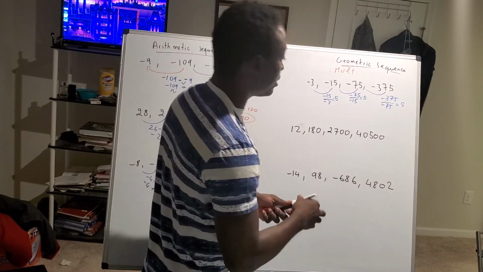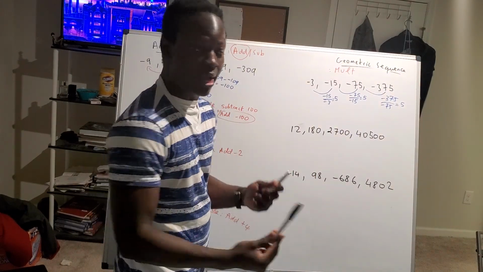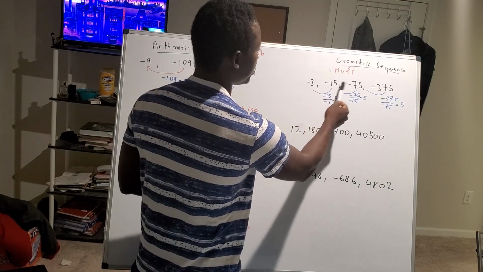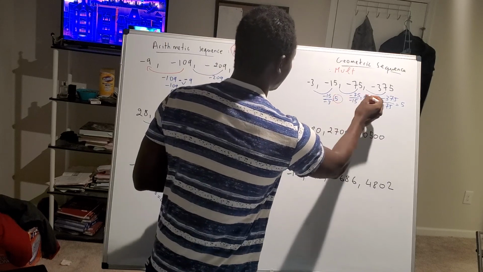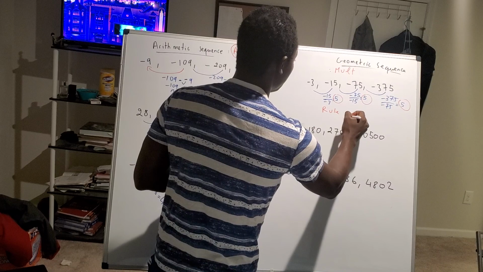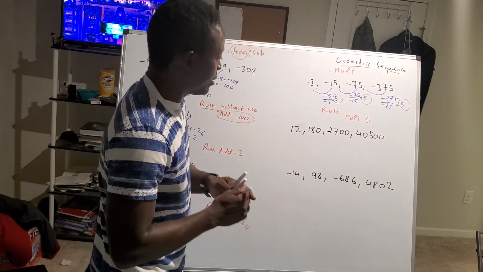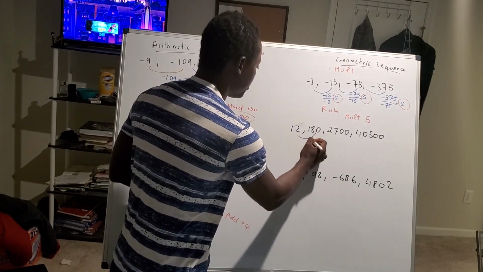So what do I say here? Always think, always check it first, right? What am I doing? I'm multiplying. The rule is negative 3 times 5 is negative 15. Negative 15 times 5 is negative 75, so my rule is multiply 5. Alright, now the next thing we're going to do is the same thing here. 180 divided by 12.